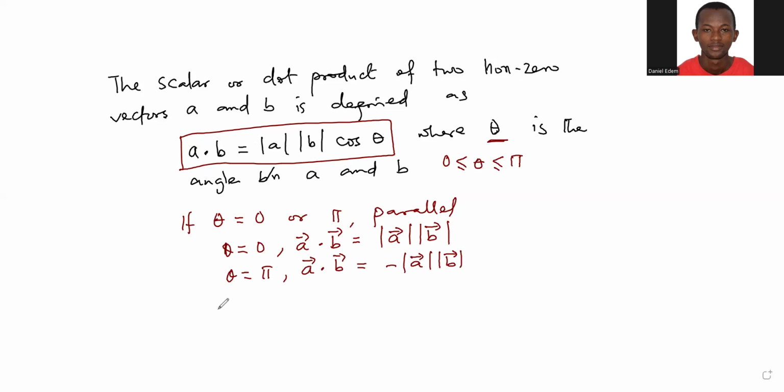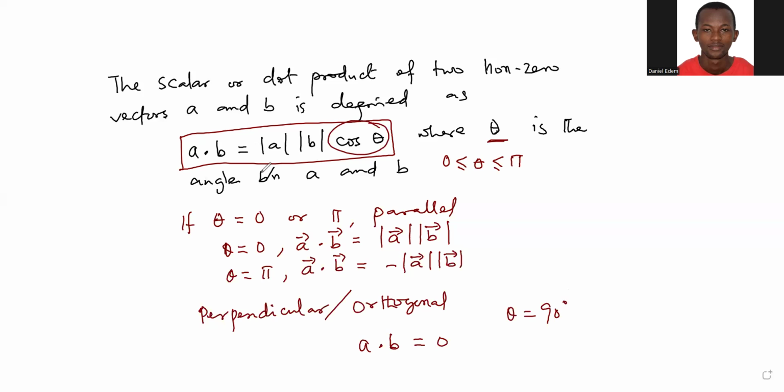However, if it is perpendicular or otherwise orthogonal, then your dot product will be equal to 0. Because in that case, your theta is 90. And cos 90 will give you 0. And 0 times any magnitude here is 0. So eventually, your dot product should be equal to 0 if it is perpendicular.